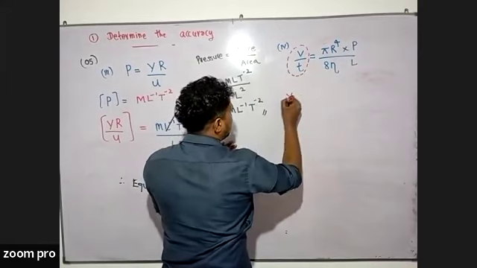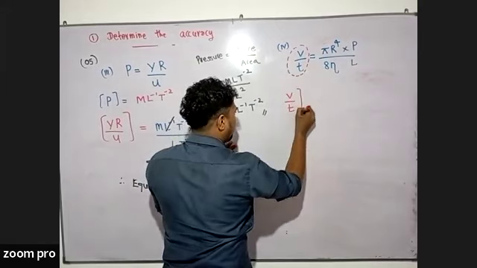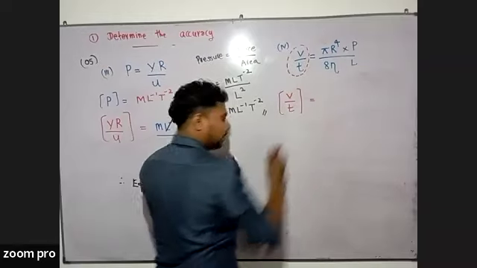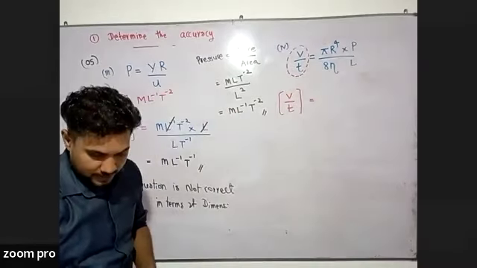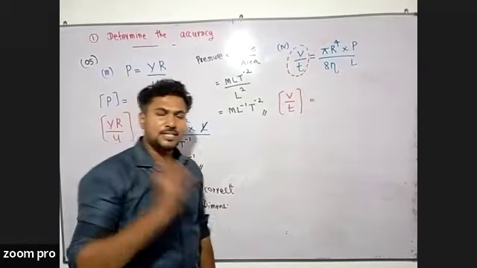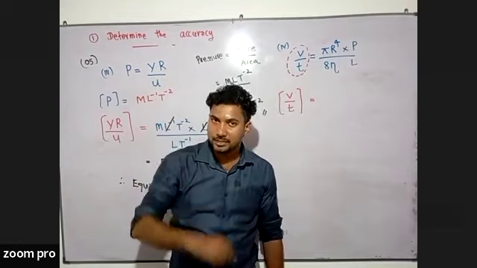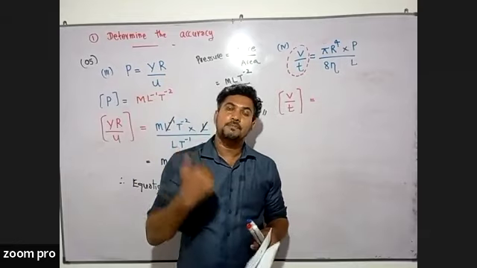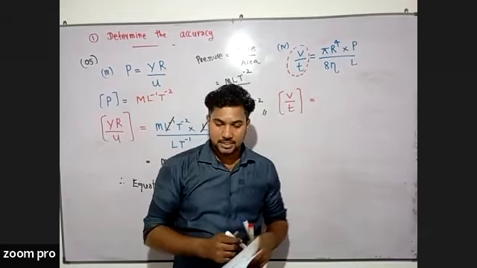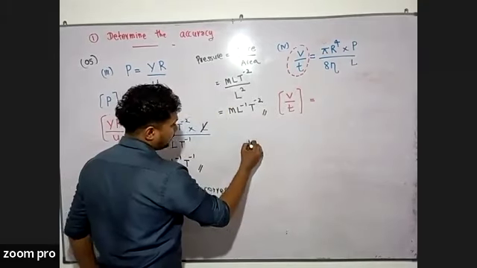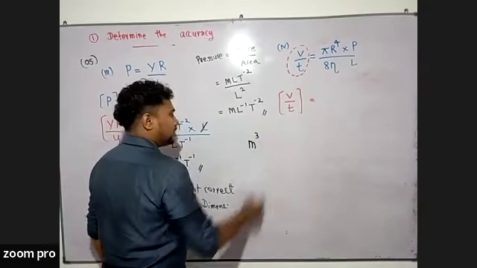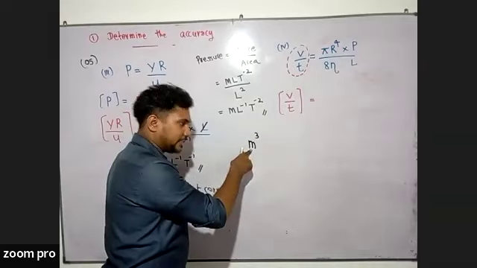So let's find out the dimensions of V over T. Now V represents the volume, isn't it? So guys, what is the dimension of volume? Try to remember what is the unit of volume. That is m cube, isn't it? This m represents meters, right?